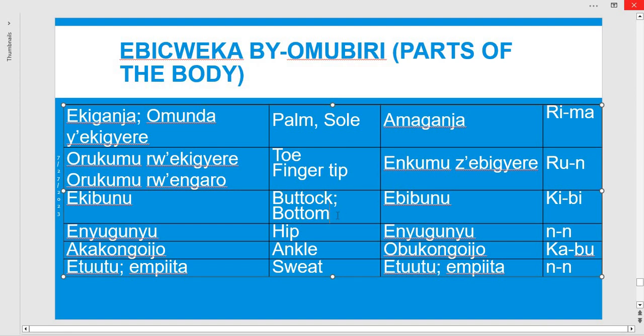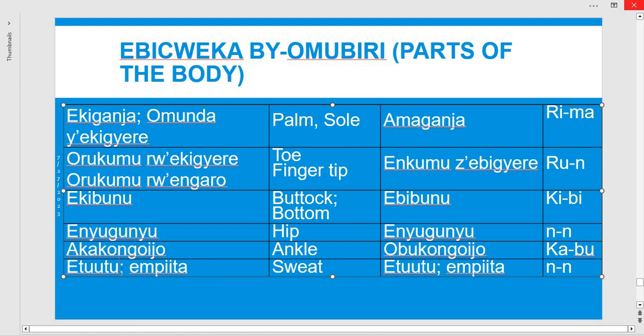Echubunu chemotoka, that is the bottom of the car. Or echubunu chomuti, that is the bottom of the tree. Then we have enyugunyu, that's a hip. We have akakongwisho, that's the ankle. Then we have etutu or empita.